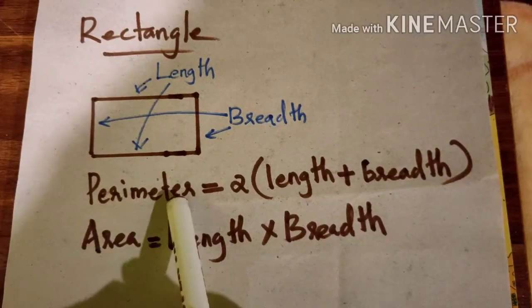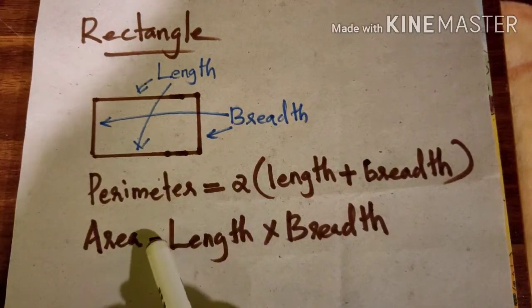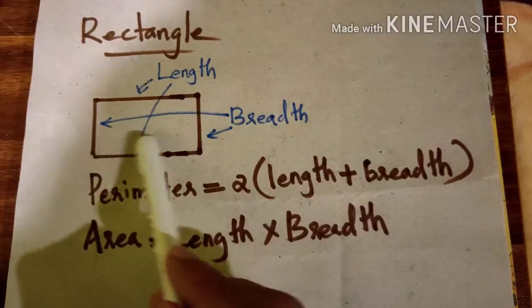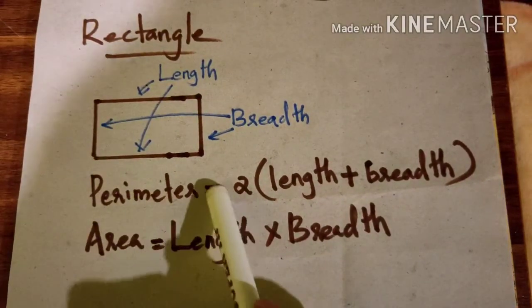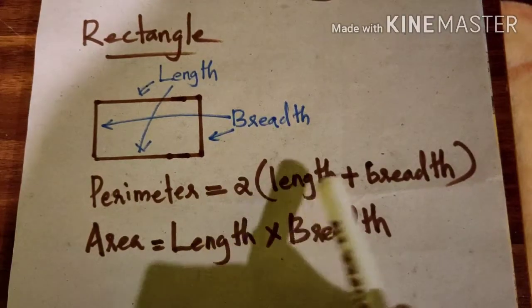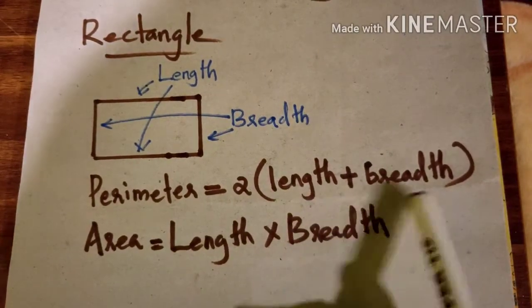So the perimeter, which means total length of this boundary, is equal to 2 into length plus breadth.